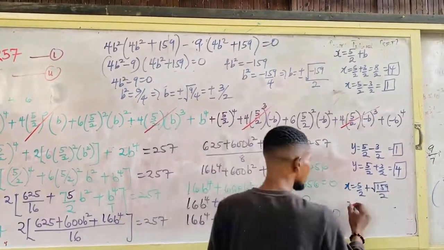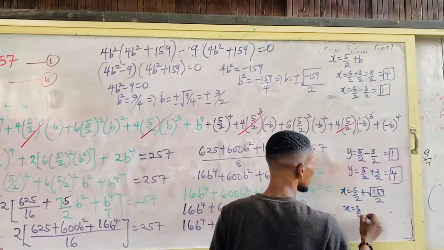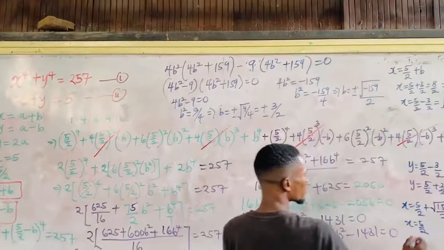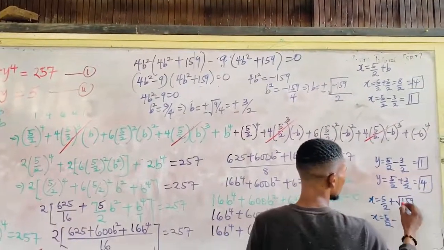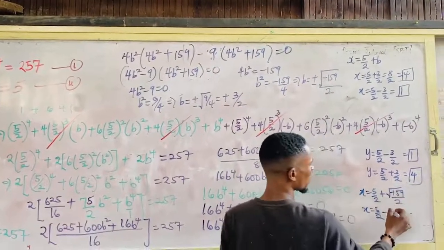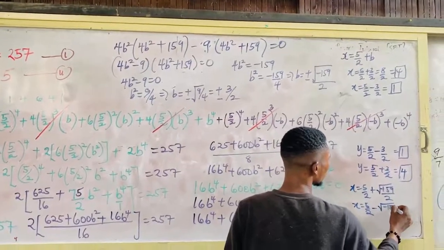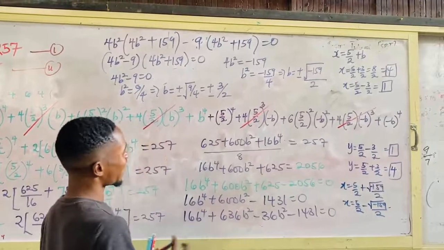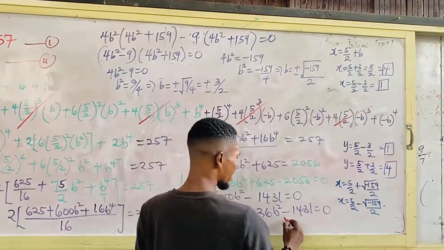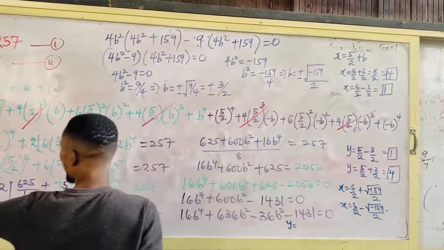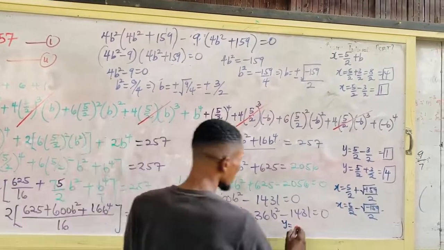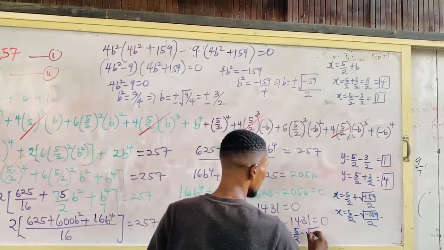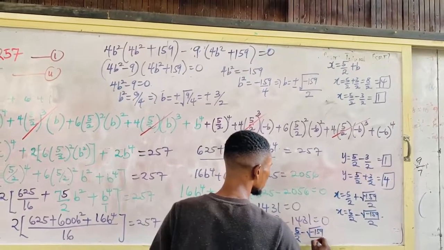And also x is 5 over 2 when it is negative, that will be minus root minus 159 all over 2. Also, for y, y is equal to 5 over 2 minus b. When it is positive, that will be 5 over 2 minus root minus 159 all over 2.